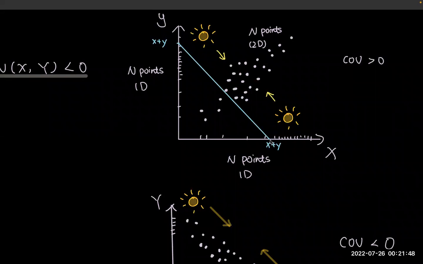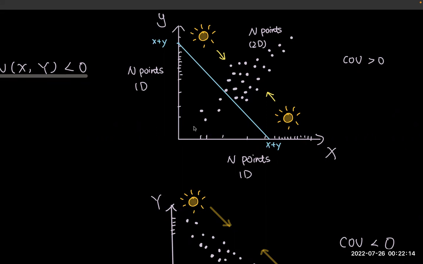Then this point becomes x plus y and 0: the horizontal coordinate becomes x plus y, and the vertical coordinate becomes 0. And this point is 0, x plus y: the horizontal coordinate is 0, and the vertical coordinate is x plus y. So you can project in either this direction or this direction, and you get a lot of points.